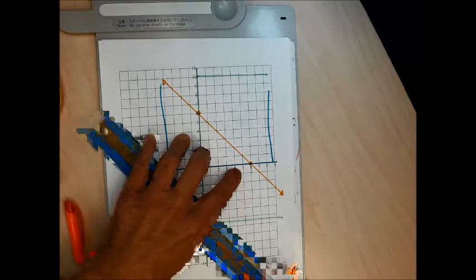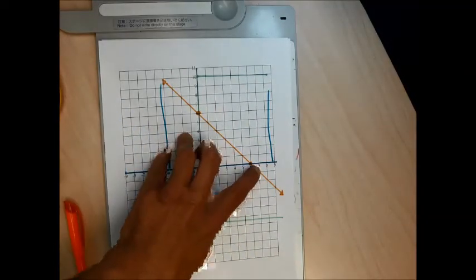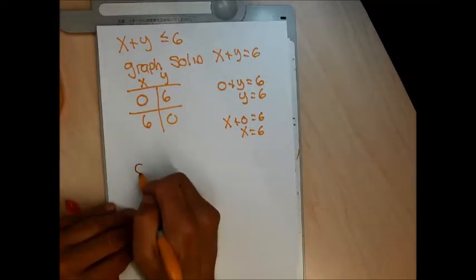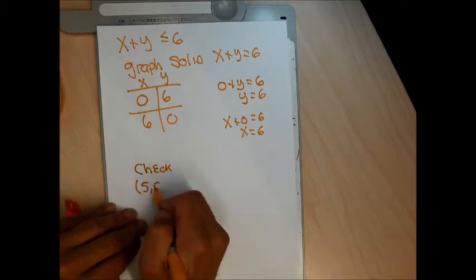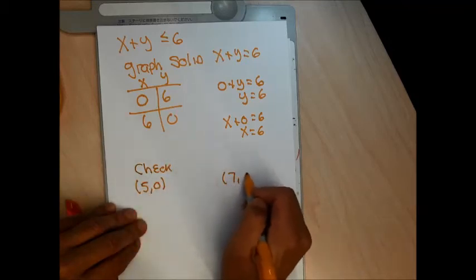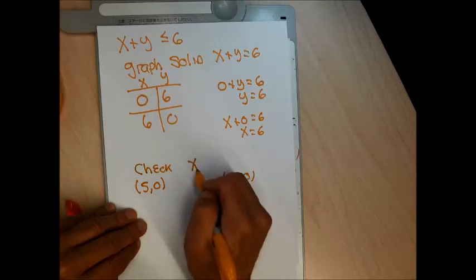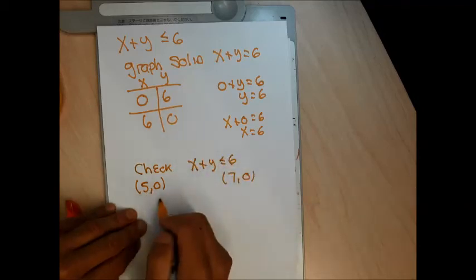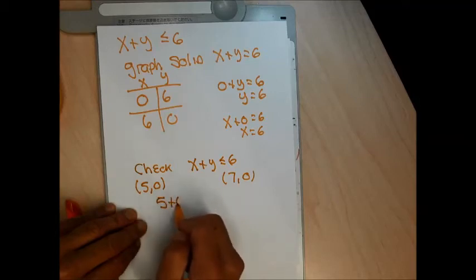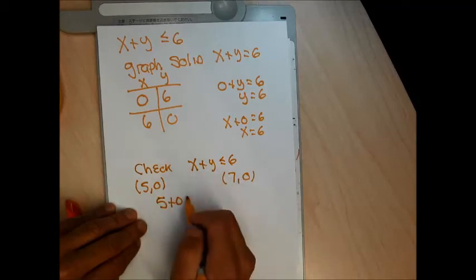My checking points are going to be (5, 0) and (7, 0) for shading. So for shading purposes, I'm going to check (5, 0) and (7, 0), and I'm going to check them into x plus y is less than or equal to 6. First one, I'm going to go 5 plus 0, plugging 5 for x and 0 for y, is less than or equal to 6.